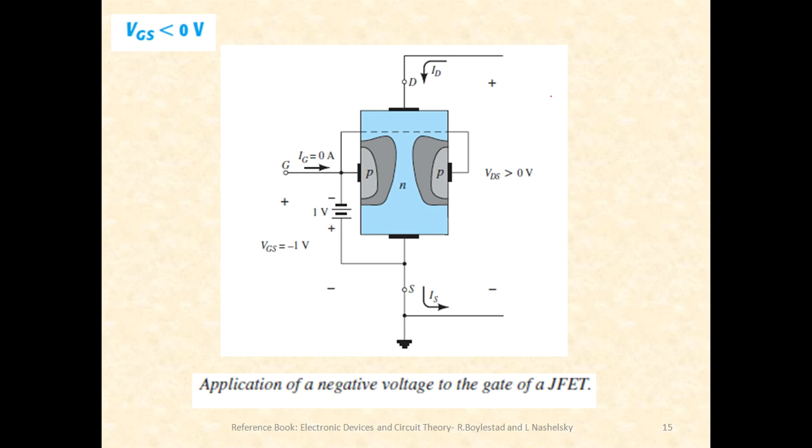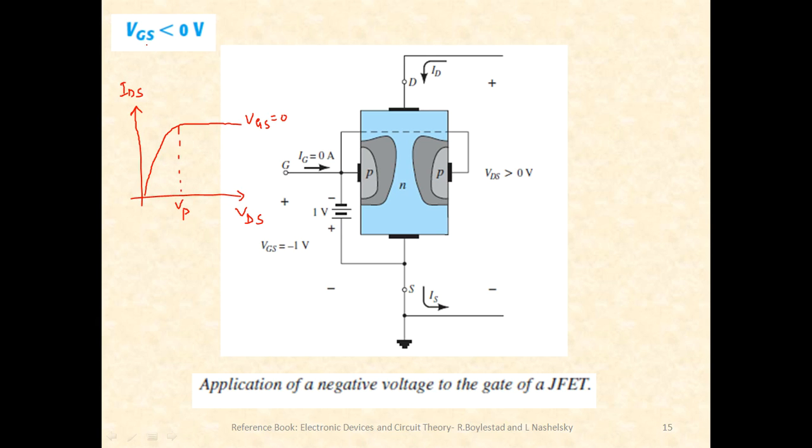I'll be asking a question here to the students. I'll draw a graph here and based upon that you can respond. I'll be drawing the graph of IDS versus VDS, and the condition is when VGS is equal to 0, and here is our pinch off VP.